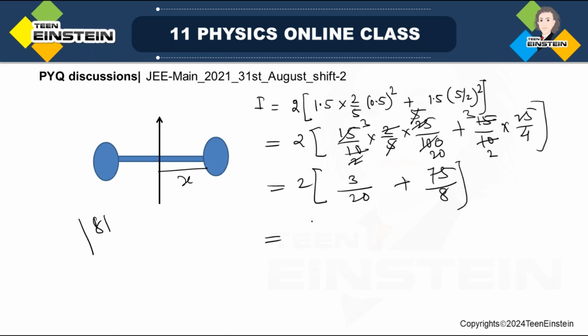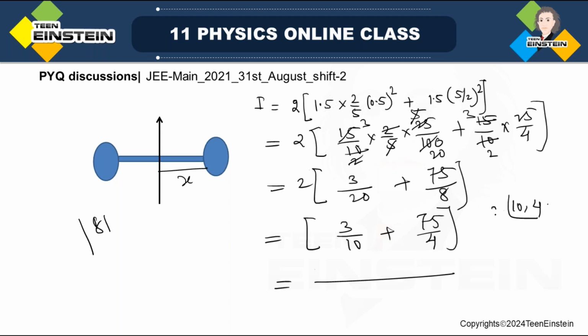Let me just go with this. Let me multiply. This is 3 by 10 plus, sorry, 75 by 4. So this will give you, so 10 4, so you'll get 5 5, so you have 20 in fact.